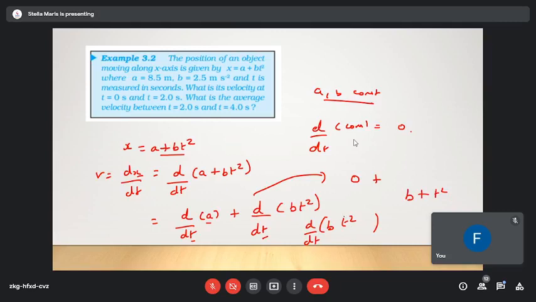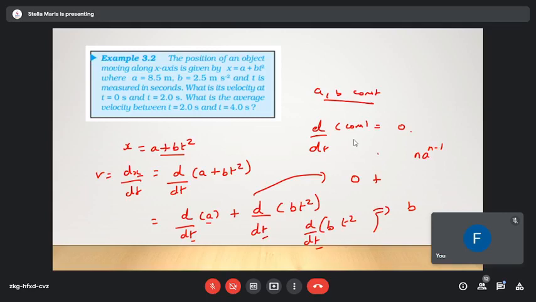But here bt squared is a whole term. So when I differentiate this whole term with respect to t, I have to keep this b like that only. We cannot differentiate b, so b will be like this. And t squared, what is the differential formula? That is n into t to the power n minus 1, right?